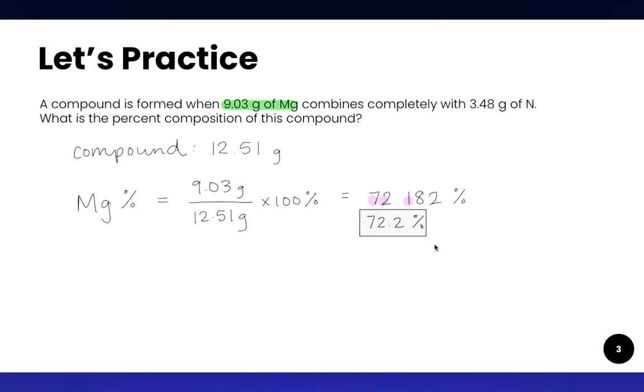We could subtract 72.2 from 100%, but let's get our practice in by doing the same calculation for nitrogen. We will edit that to 3 significant figures. So our final answer is 27.8%.